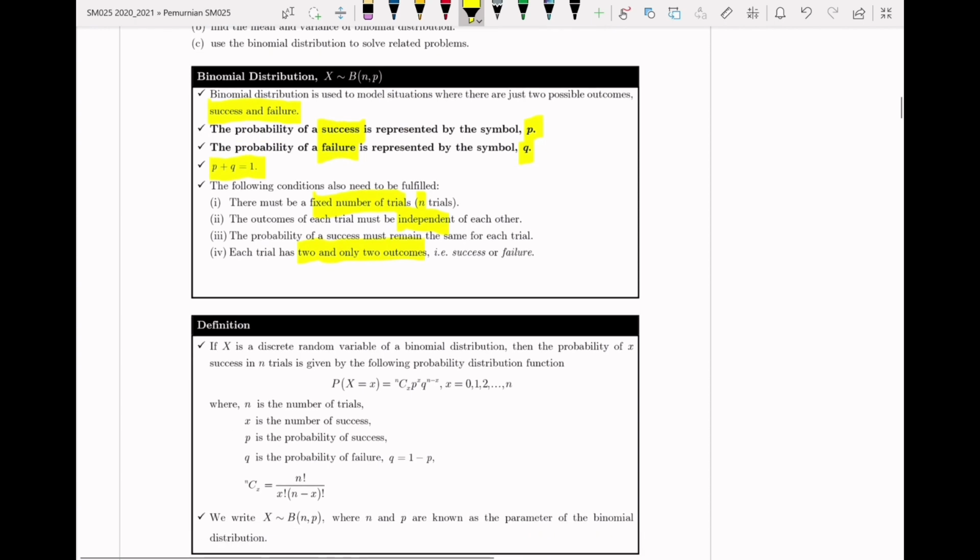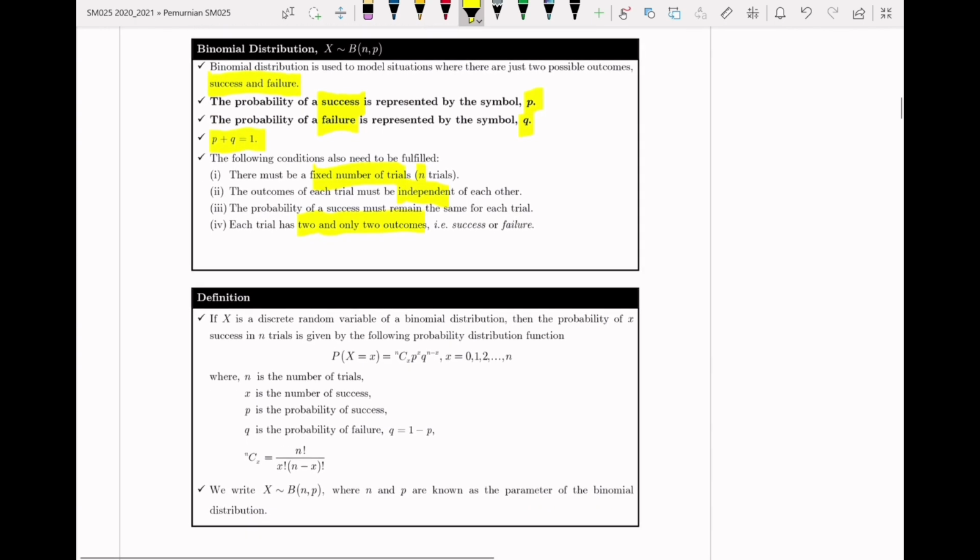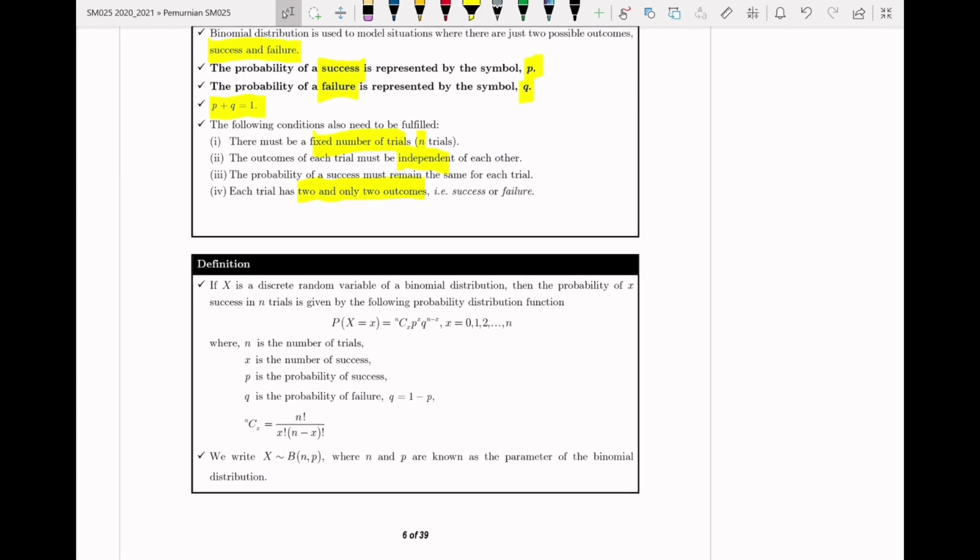And for binomial distribution, we must know that it is a discrete random variable, and we have a formula to find the probability of success.